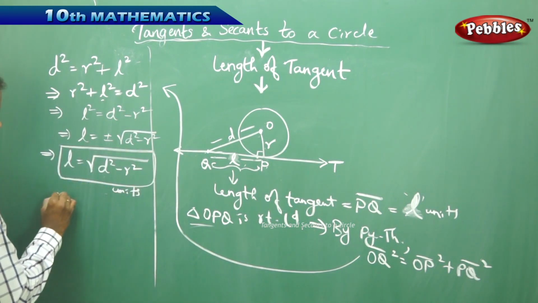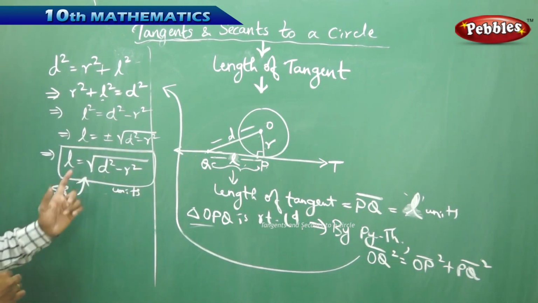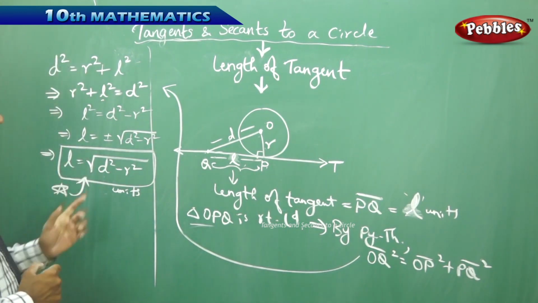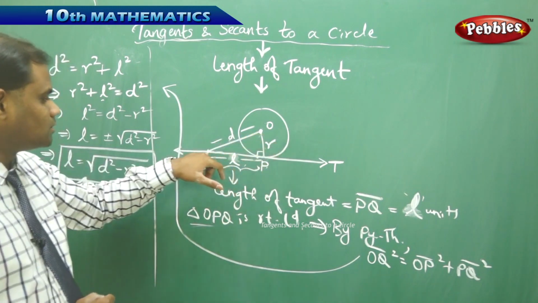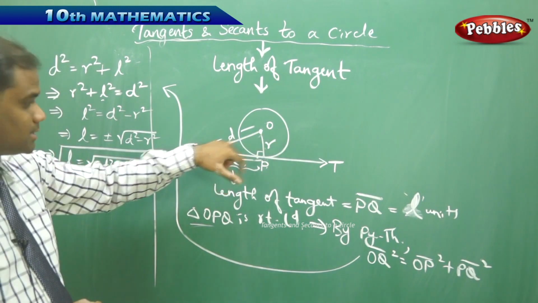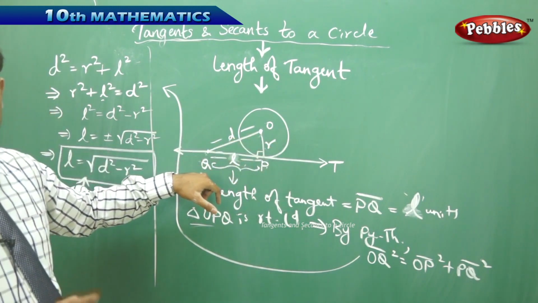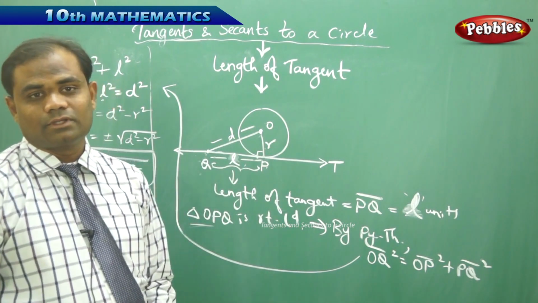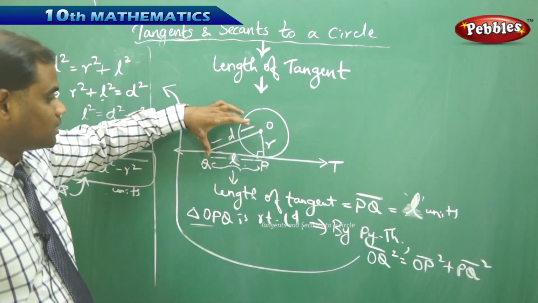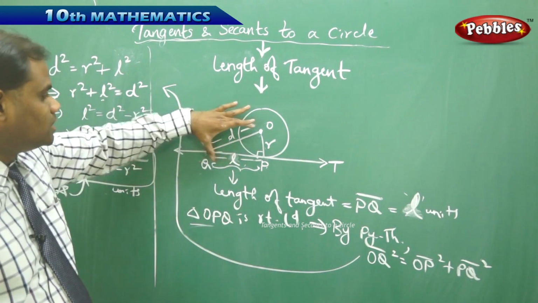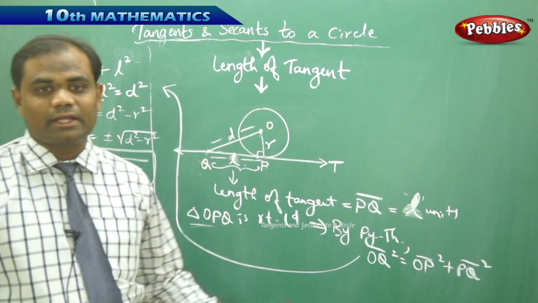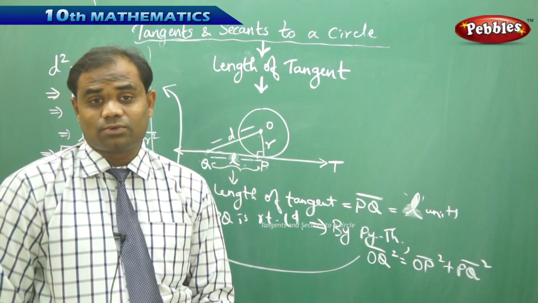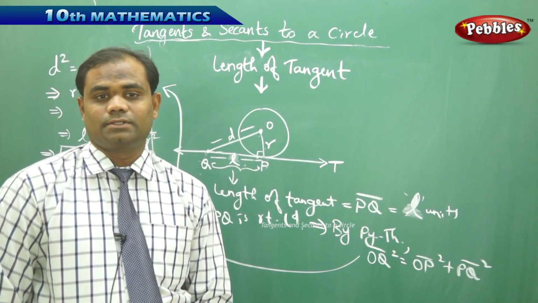So the length of tangent is given by the formula root of D square minus R square, where D is the distance from the center of the circle to the point outside the circle, and R is the radius of the circle. So length of tangent can be found out if I know these two dimensions. Then the length of tangent is quite easy using the formula root D squared minus R squared units.